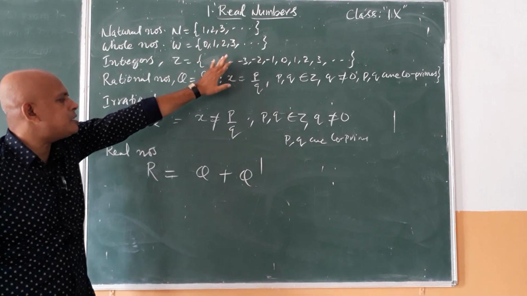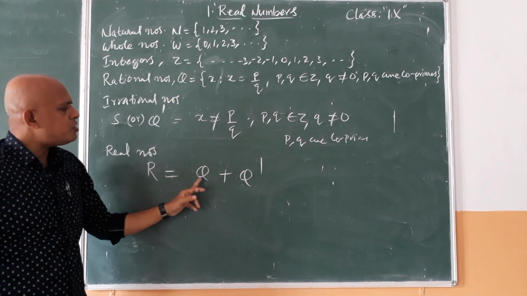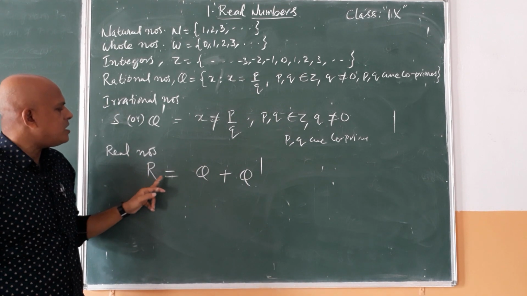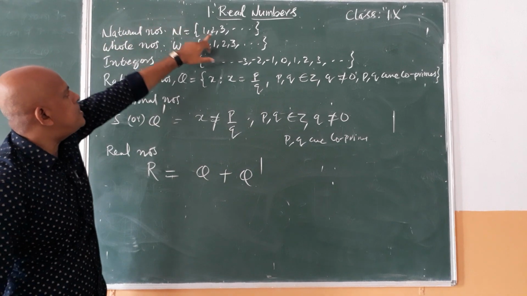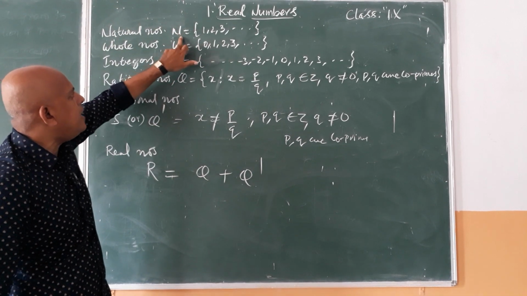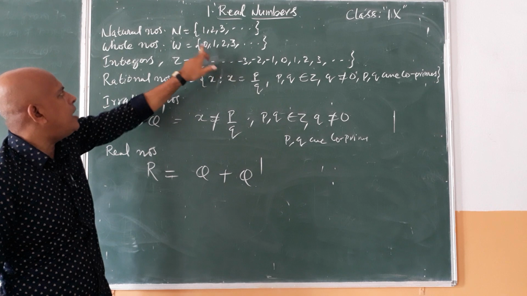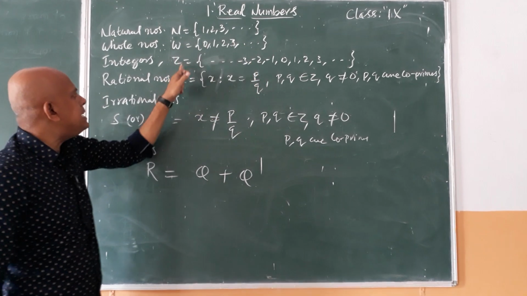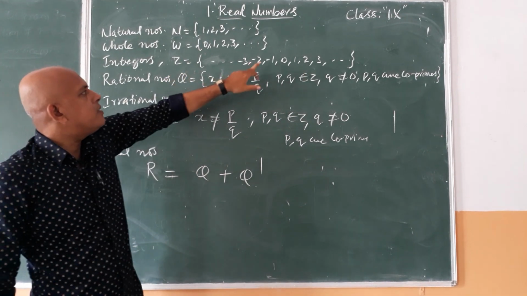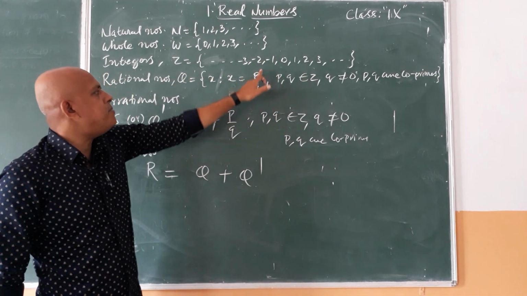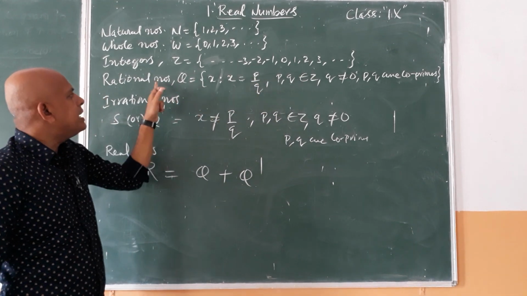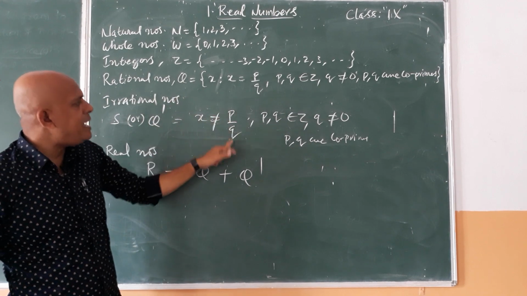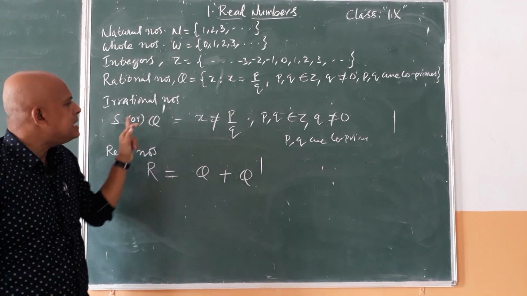So what are real numbers? The numbers which contain both rational and irrational numbers are called real numbers and are represented with capital R. First we started with natural numbers. Counting numbers are called natural numbers, denoted with N. Natural numbers including 0 are called whole numbers, denoted with W. Whole numbers including negative numbers are called integers, denoted with Z. The integers including the numbers which can be expressed in the form of p by q are called rational numbers, denoted with capital Q, and the numbers which cannot be expressed in the form of p by q are called irrational numbers.